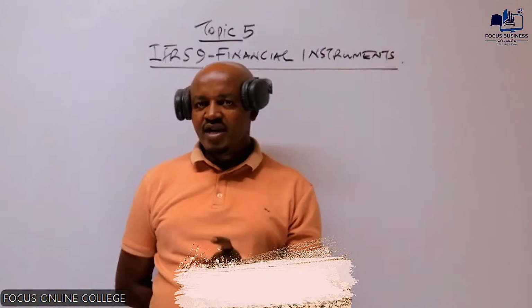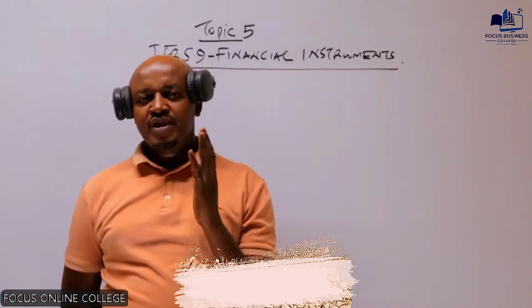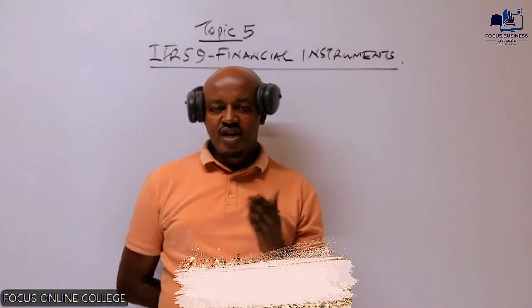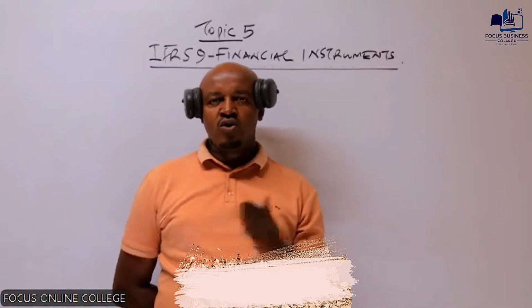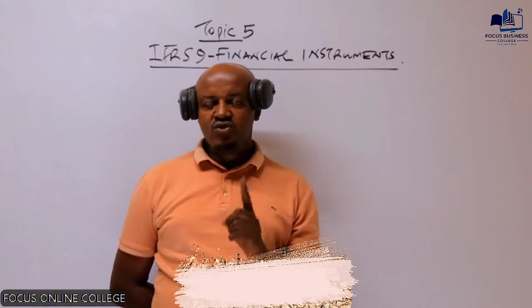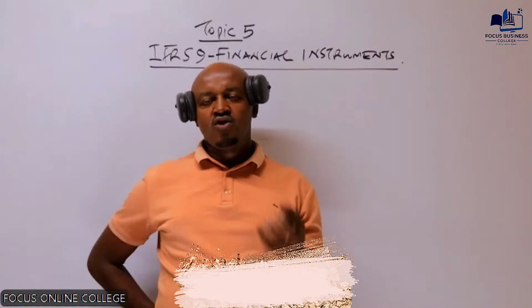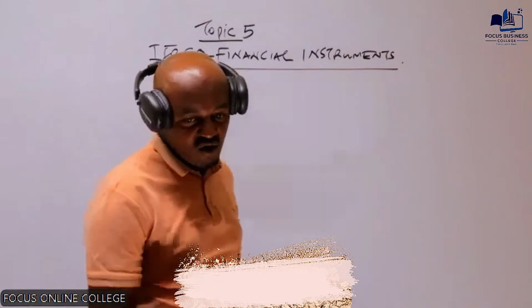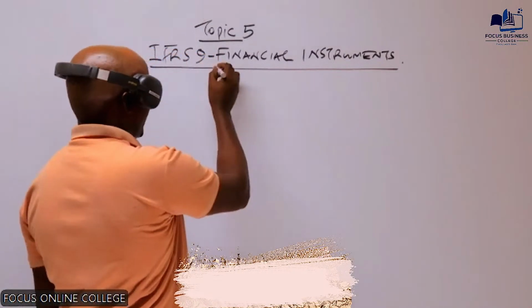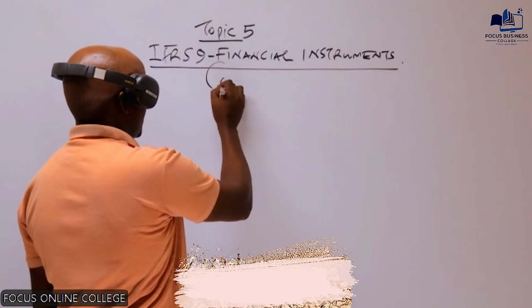So let me repeat that. A financial instrument is a contract entered into between two or more companies, and it gives rise to a financial asset for one company, and a financial liability or equity to another company.